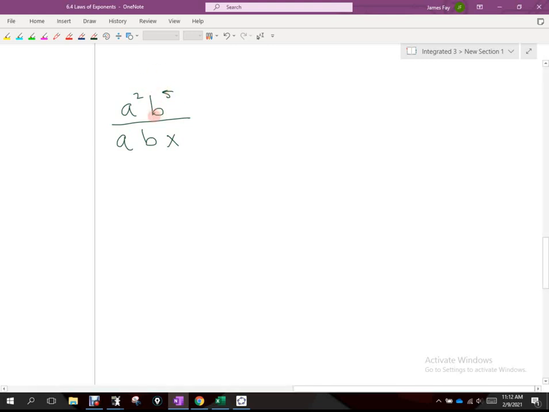But when I have a product divided by a product, because of the associative and commutative properties, I can rewrite this by taking the a squared and writing it over any one of these three things down here. Which one would make the most sense to write it over? The a. I can take the b to the 5th and write that over any one of these down here, except for the a now, because I've already used the a.